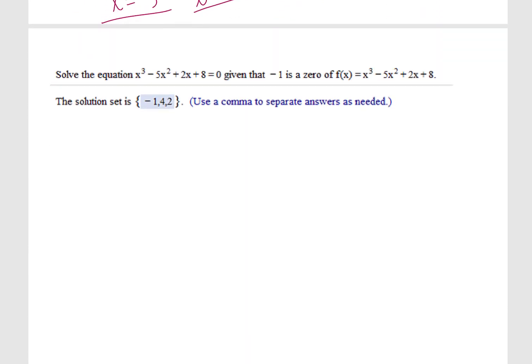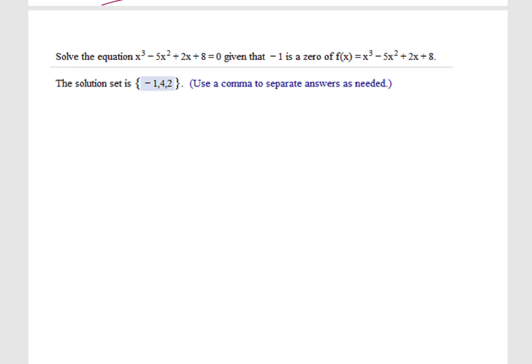Okay, one last one. They give us the answer there, but that's okay. We're going to see how we actually get there. So they tell me that one of the zeros is -1. They give me the function x cubed minus 5x squared plus 2x plus 8.